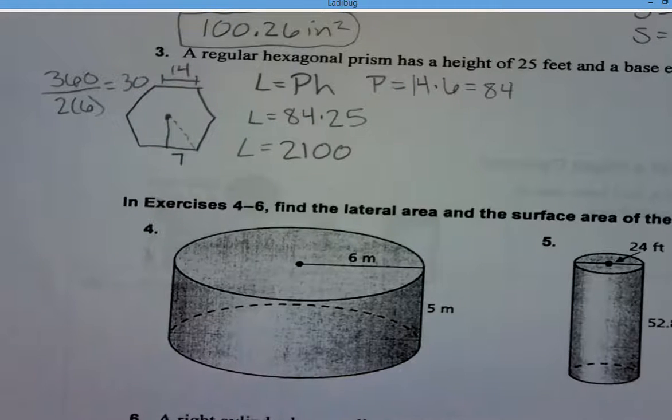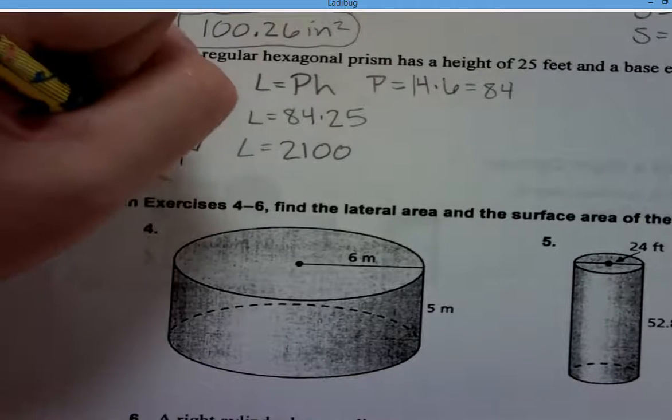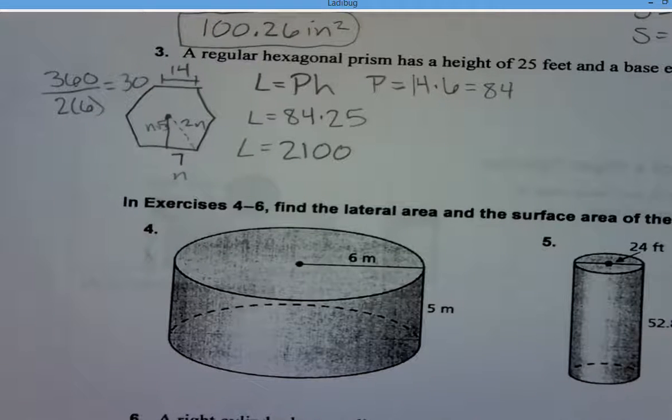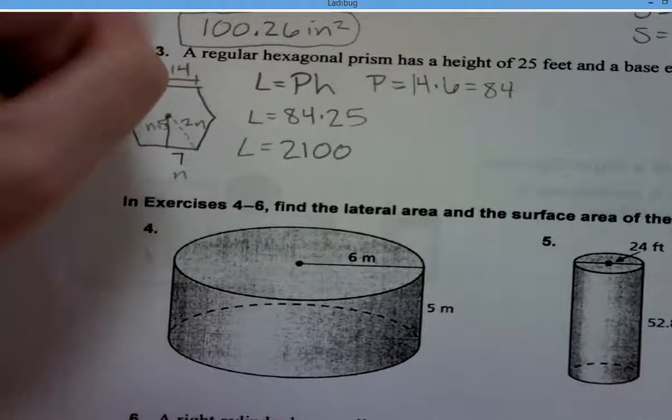So 7 is the length of the bottom side of that triangle. It's a 30, 60, 90 triangle, so this is n, 2n, n root 3. This one's actually kind of nice because you don't have to solve for n. It's already given to you. It's 7. Once you figure out that half of the side is 7, you know what your n is.